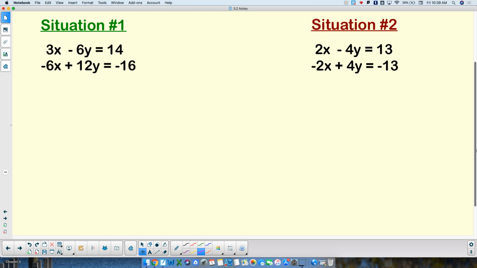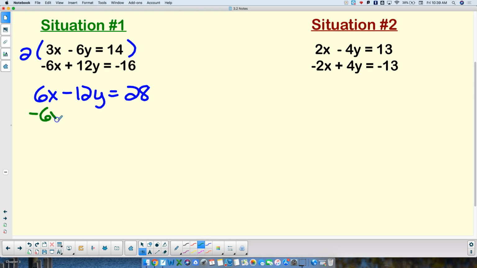Okay? So if I take this top equation and I multiply it by 2, then that gives me 6x minus 12y equals 28. And I add to it the second equation.